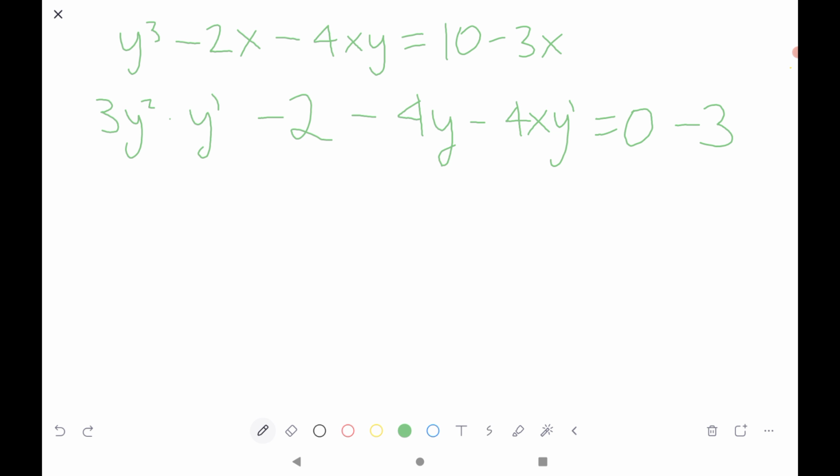Now we just need to simplify and isolate y dash. First thing I'm going to do is move anything that's not involving y dash to the right-hand side of the equation. So what that means is I'm going to move the minus 2 minus 4y to the right-hand side.